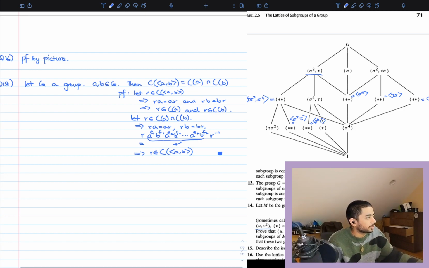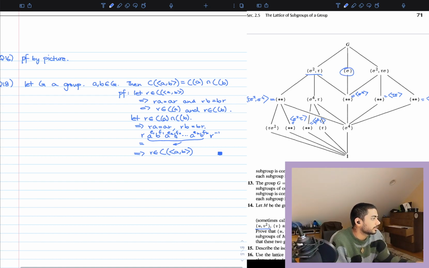But we want to use this lattice somehow to figure out the centralizers of each element. There's a lot of elements in this group, so I'm suspicious. So here's the deal.